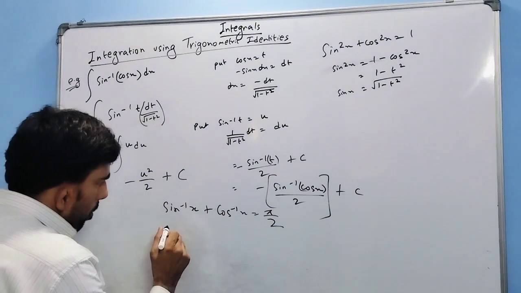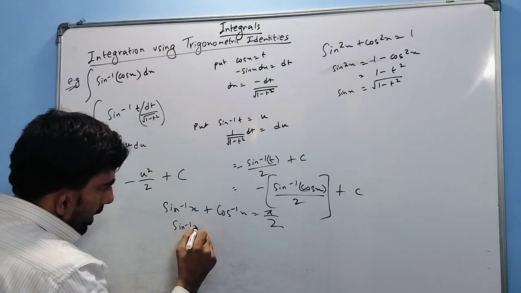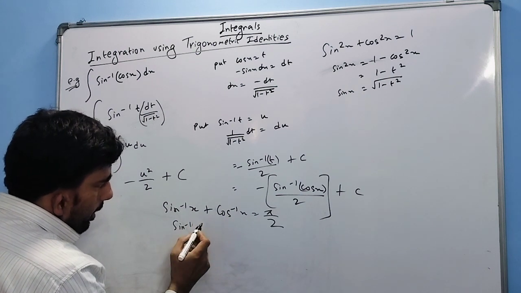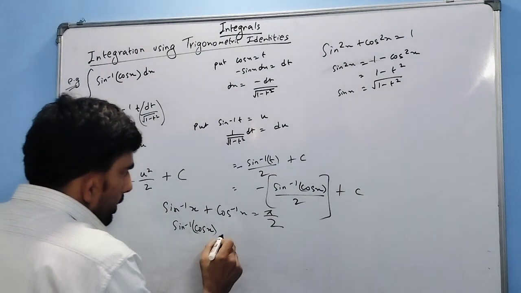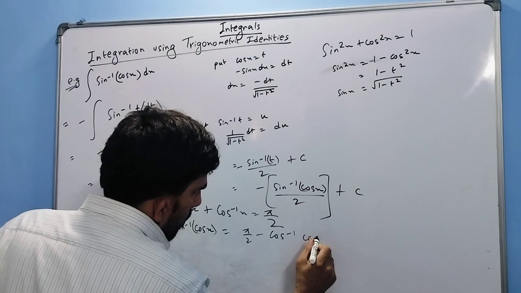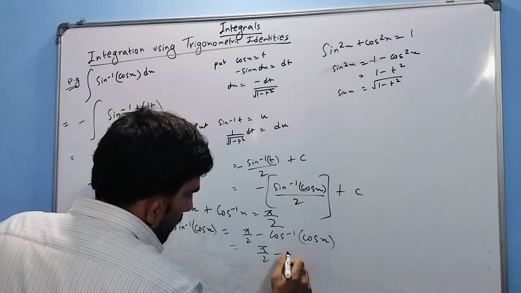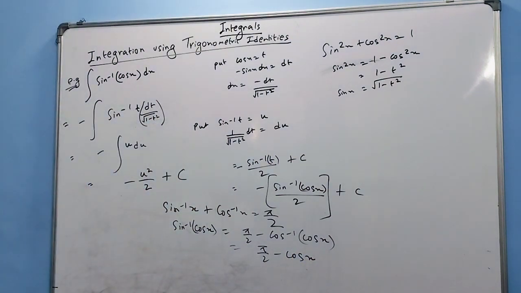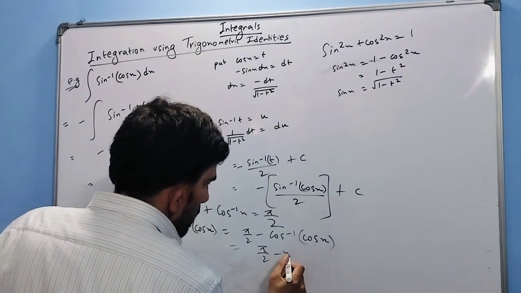So if I take cos x in place of x, sine inverse cos x is equal to pi by 2 minus cos inverse cos x. So it will be pi by 2 minus x.